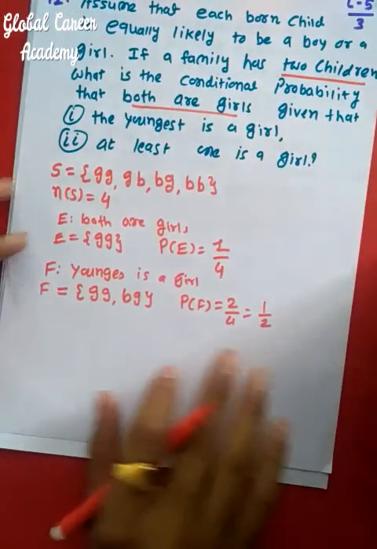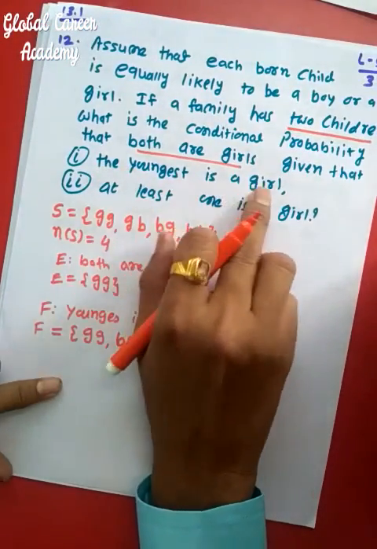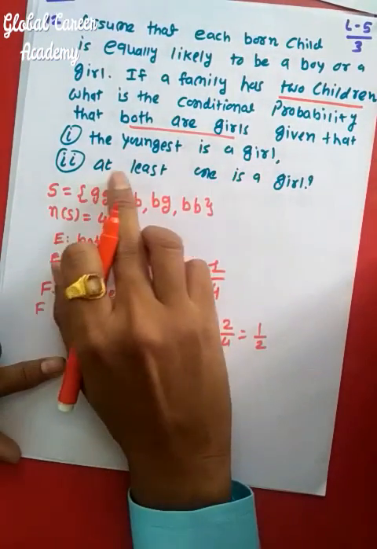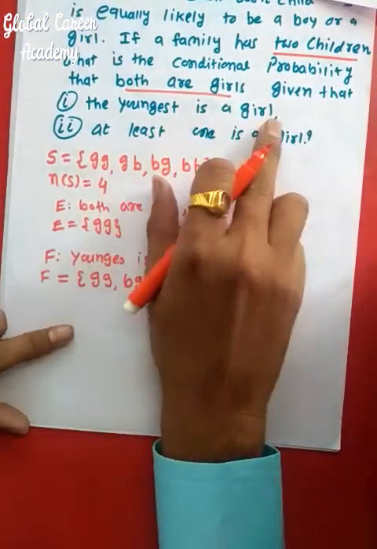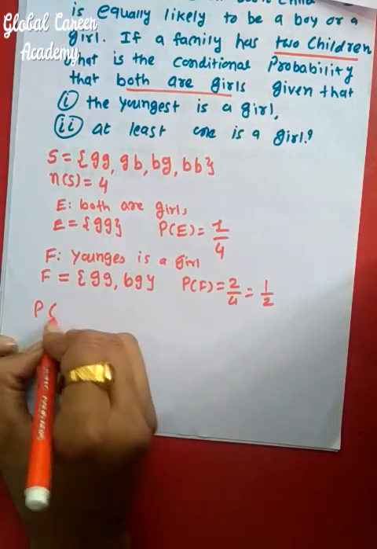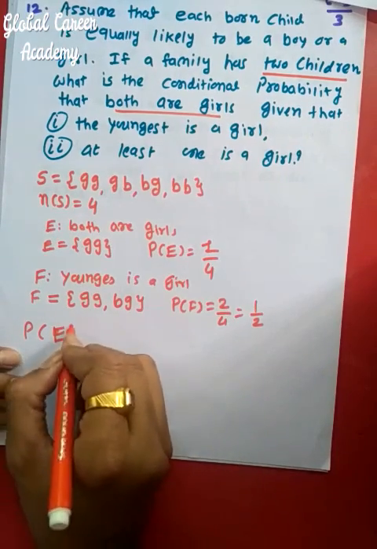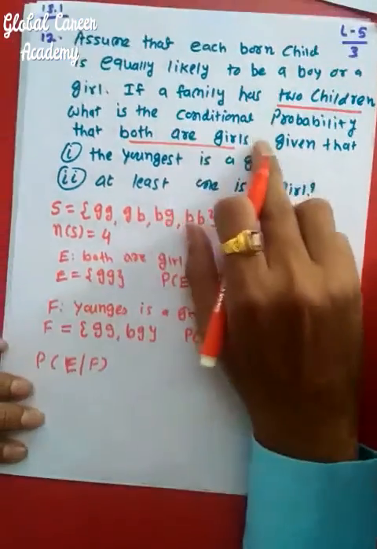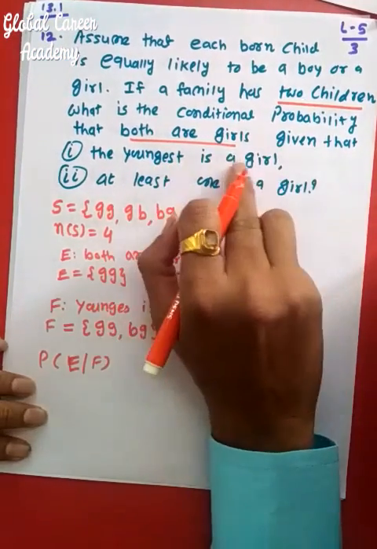Now what we are solving for this is the youngest is a girl, and you will solve for at least one is a girl. So we are doing it for youngest is a girl. If I want to find out P of E given F, that is what is written, both are girls given that the youngest is a girl.